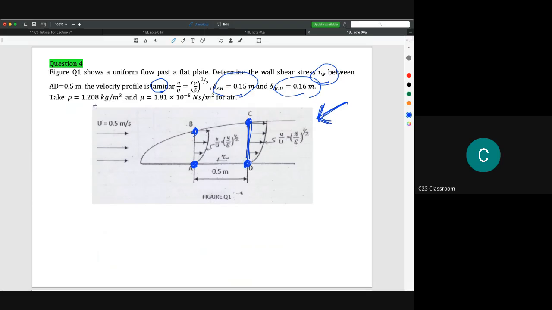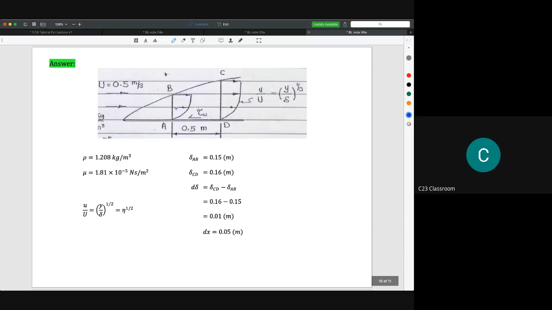It's also given the density of air and the dynamic viscosity of air. So this is all the data from the question.